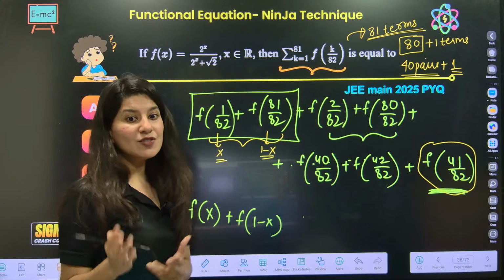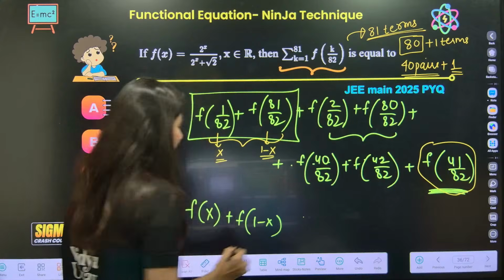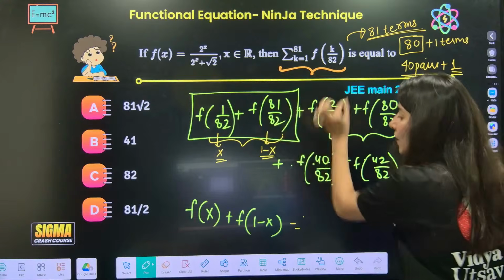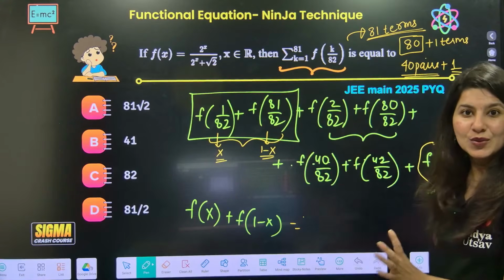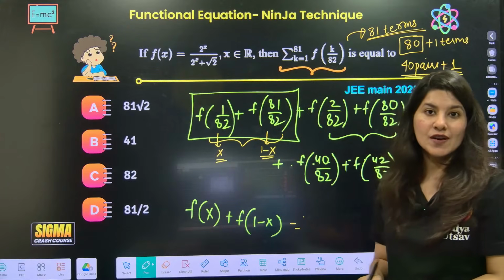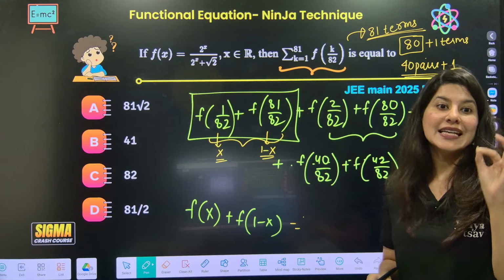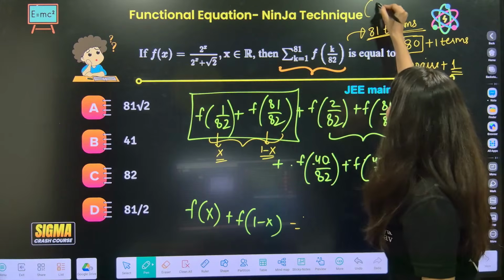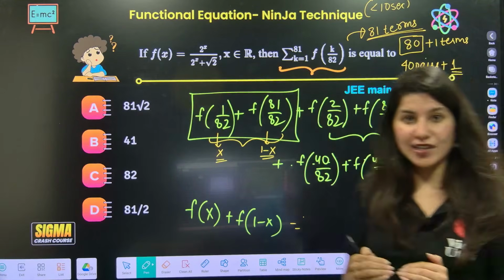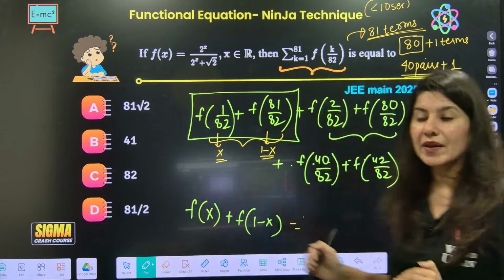I will tell you the ninja technique also, don't worry. f of x plus f of 1 minus x. If you are able to decode, then every pair will have this value. You are done. Okay. So this is the detailed explanation. But this question can be done in less than 10 seconds also. And I am going to show it to you also. But first I am doing it the proper method.